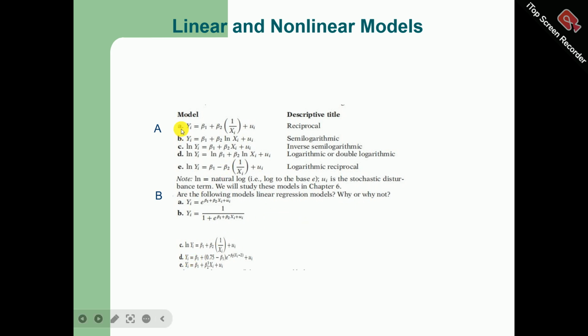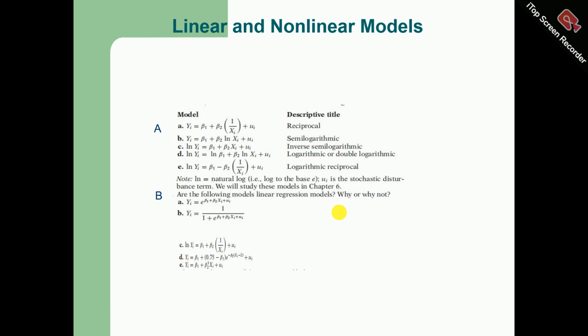If you look at model A, in this section it is reciprocal. Model B is a semi-logarithmic model. Model C is inverse semi-logarithmic. Model D is a double log model or a logarithmic model or log model. And the model given in E is logarithmic reciprocal. Similarly, this is another model, and then C, D, E are other models.